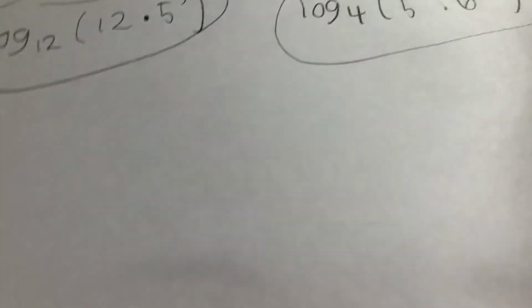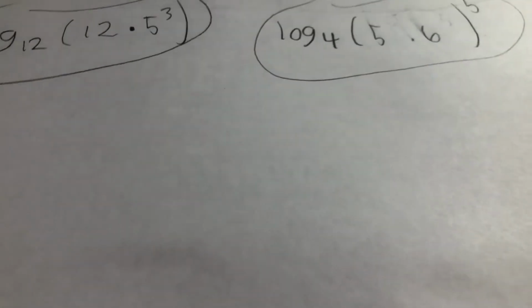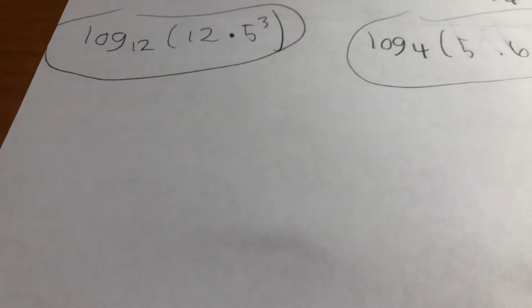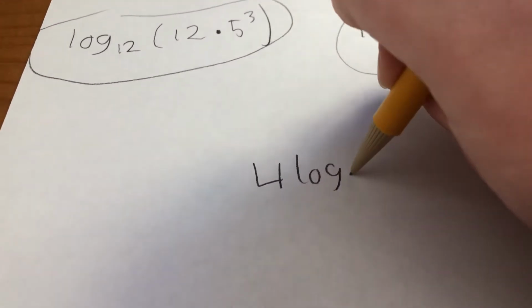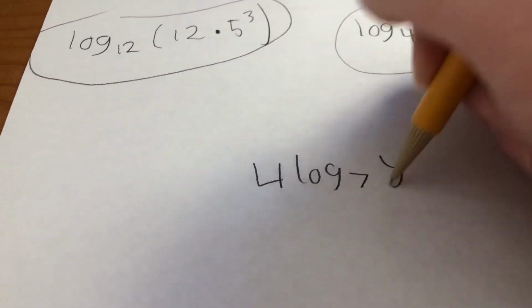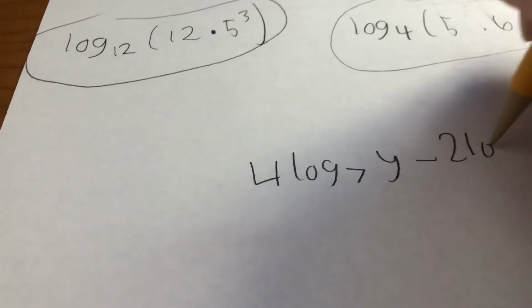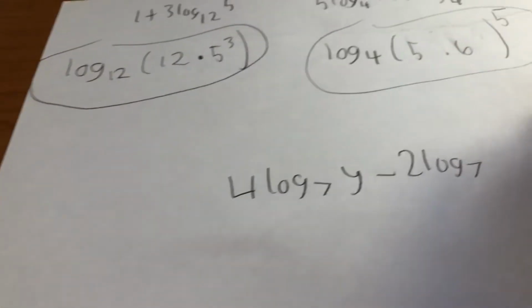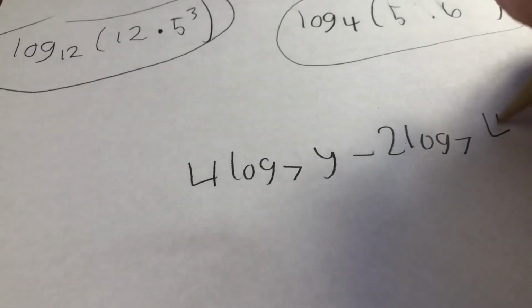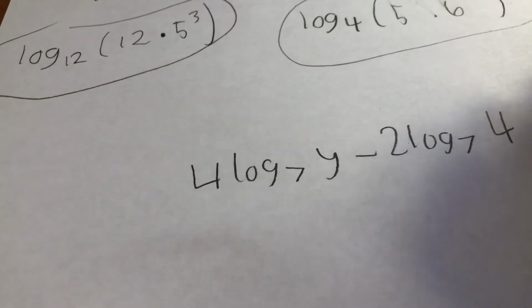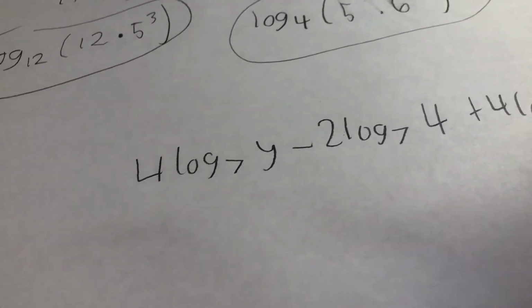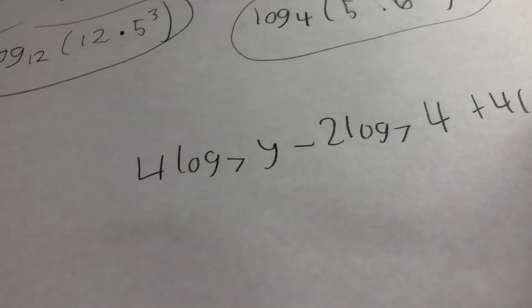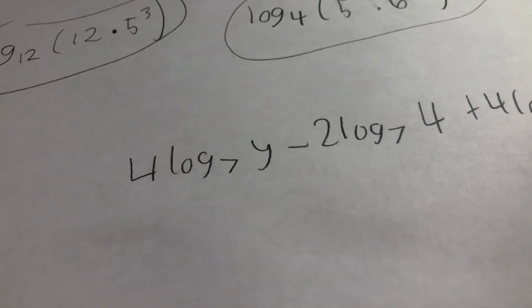And now moving on to our third problem. I'm sorry, I forgot to write it down there. So it'll be 4 log with the base of 7 y, minus 2 log to the base of 7 again, 4, plus 4 log m, minus log 7, 3.